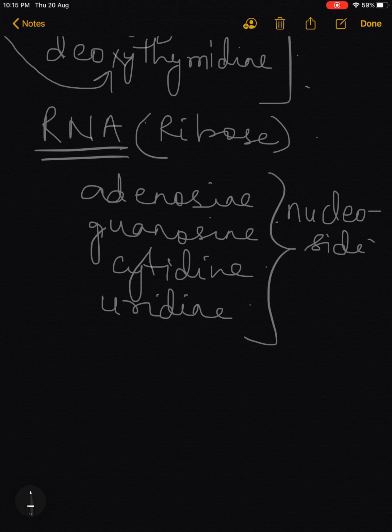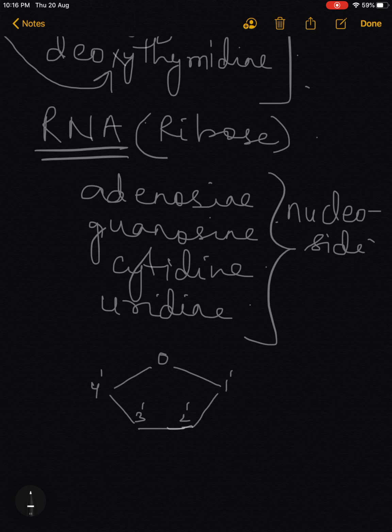Let me show you this through this diagram, which will be much clearer to you now. You know that we give them positions: this is 4 dash, this is 3 dash, this is 2 dash, this is 1 dash.